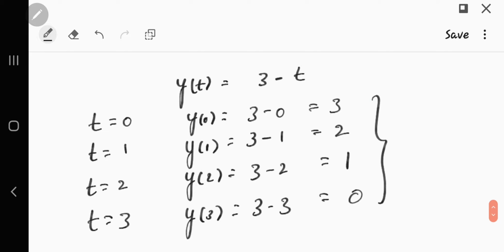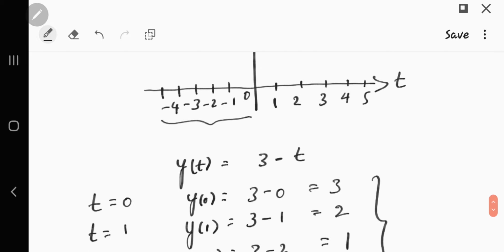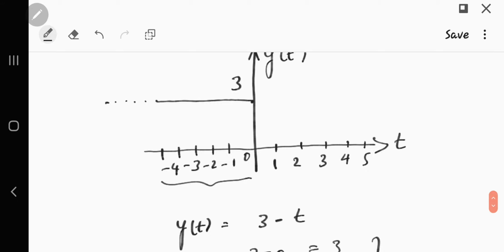So these are the respective amplitude values. Now if you mark this, y of 0 is 3, we have already at amplitude 3 here, and at y of 1 it is 2, at y of 2 it is 1, and at y of 3 it is 0.